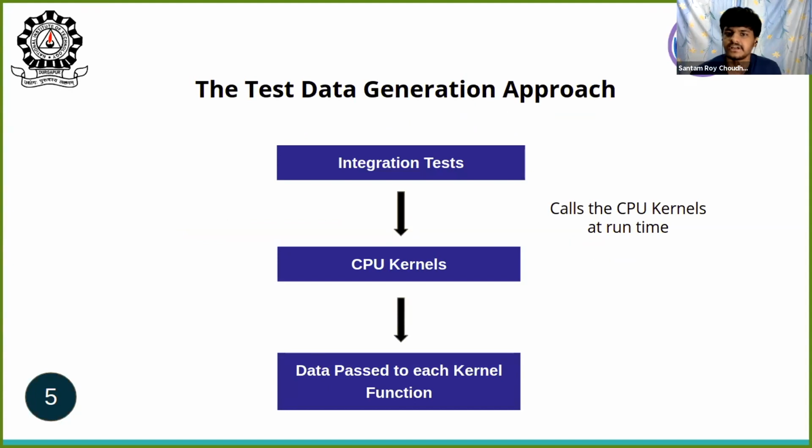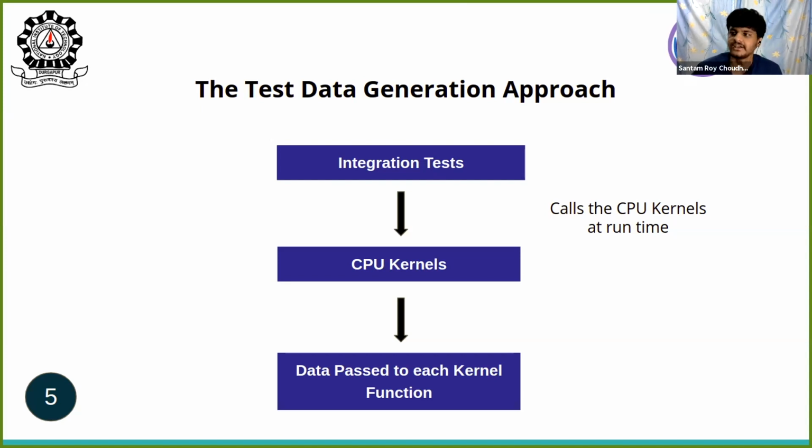The testing approach that we took was that the code base has a lot of integration tests. When we run these integration tests, each calls many kernel functions. So the approach that we implemented was that we fetched the data that was passed to these kernel functions.